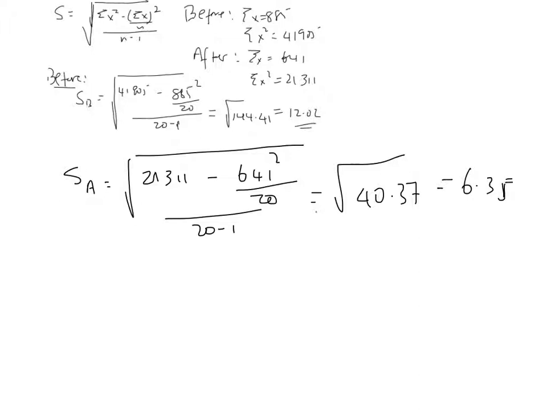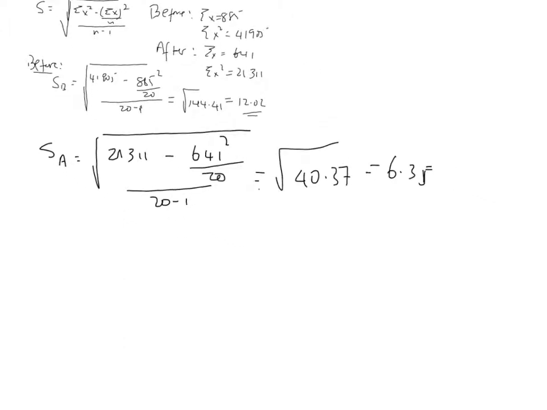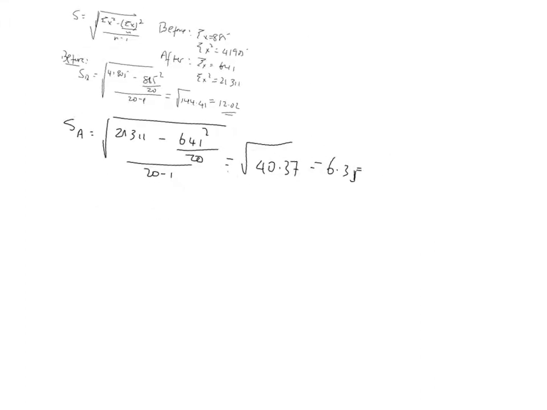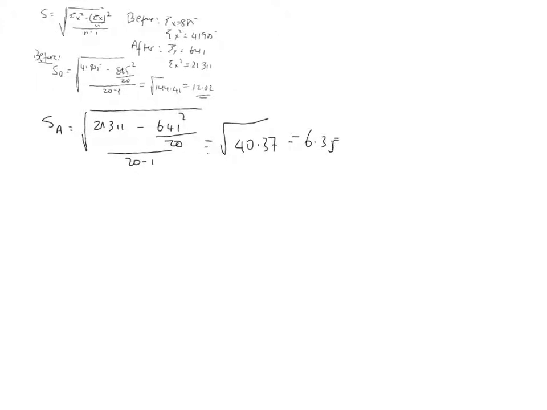So these are our standard deviations. Now we know SB is 12.02 and SA is 6.35.